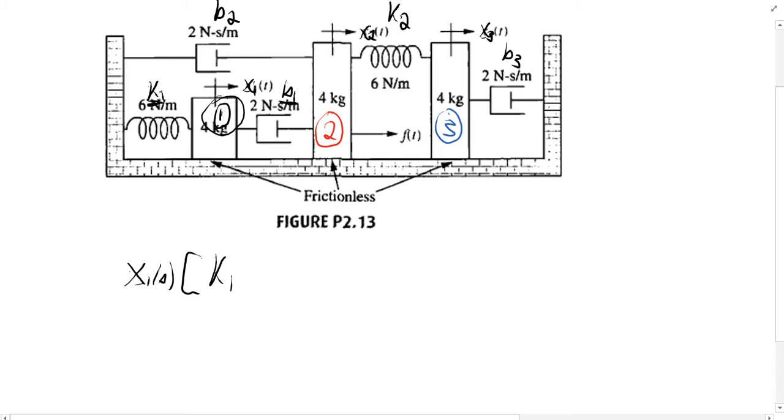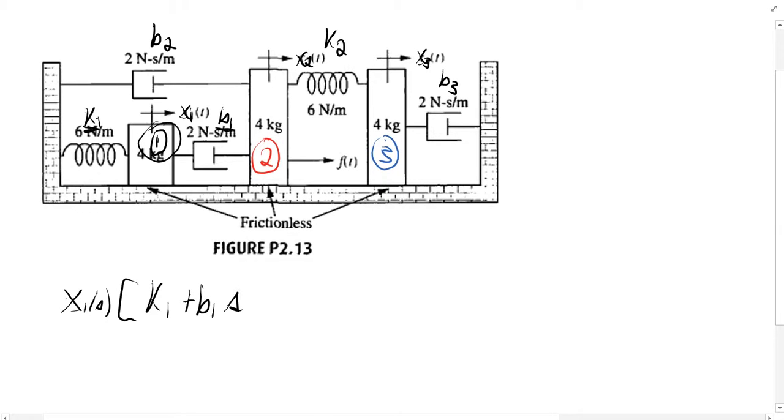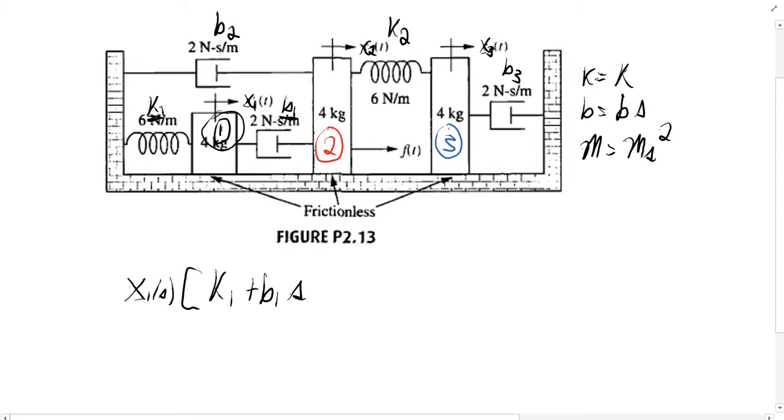So K1 plus B1 times S. And let's do a quick review that the springs are modeled as springs and the dampers are the damping coefficient times S, and then we finally have the mass, which is modeled as mass times S squared. And here, since I'm doing the first mass, and obviously the first mass is connected to itself, so we write plus M1S squared, close parentheses.